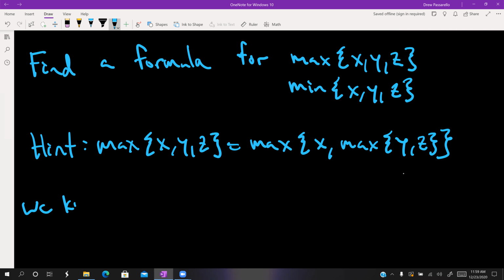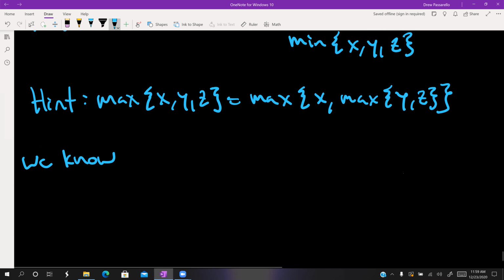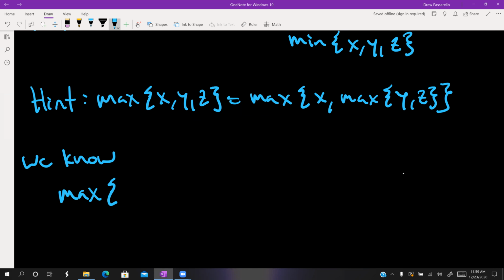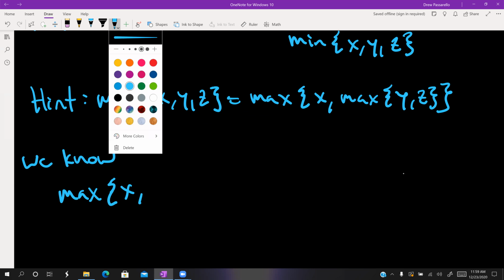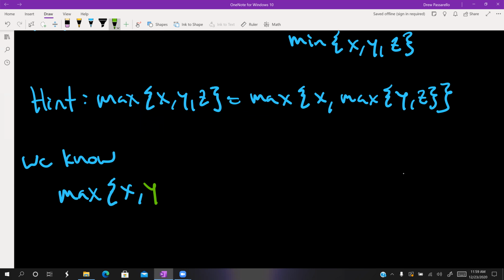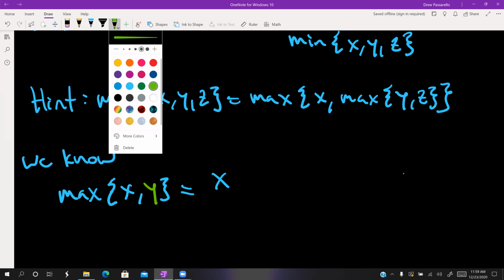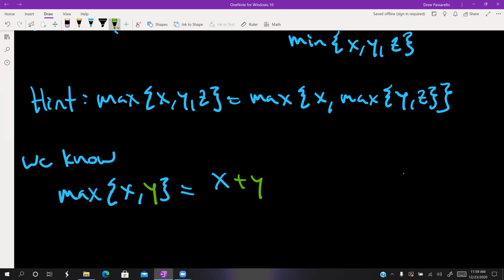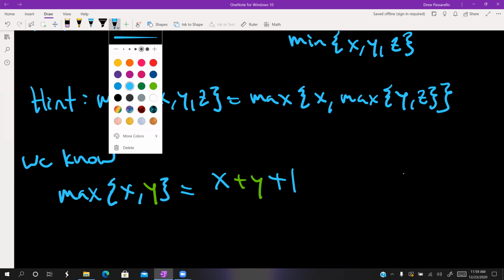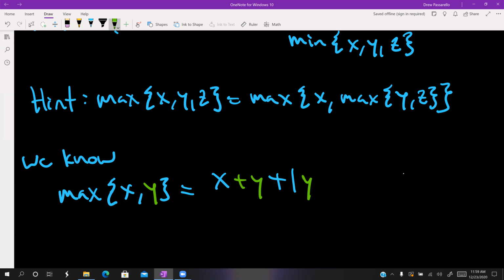So if we have the max of 2 elements, x and then y in another color, we know that's x plus y plus the absolute value of y minus x, all of that divided by 2.